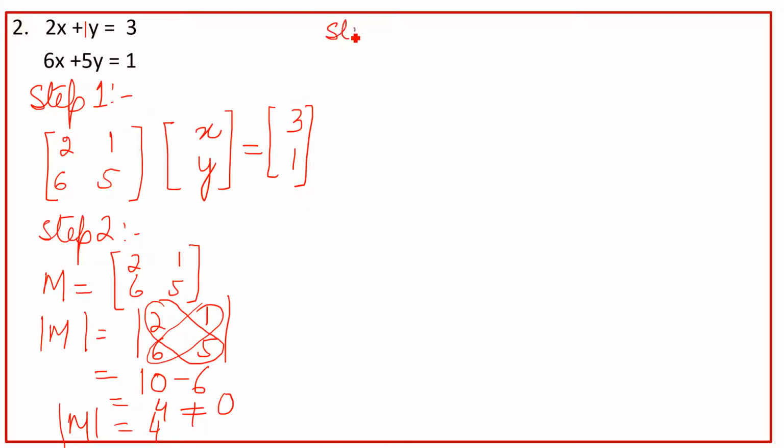Step number 3. What is step number 3? This x and y you have to keep on the right hand side. Then we will move this matrix, and the name of this matrix is M. So here it will be M inverse. Why? Because it will usually go in the denominator.